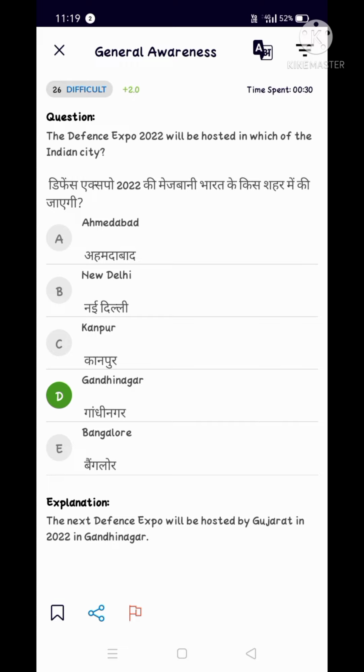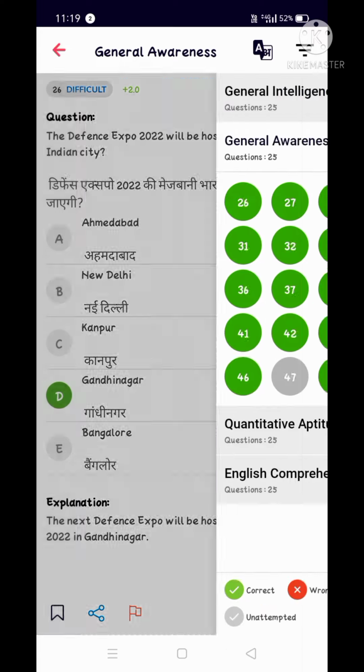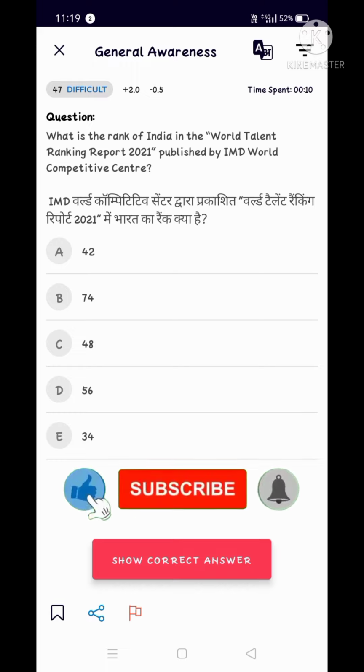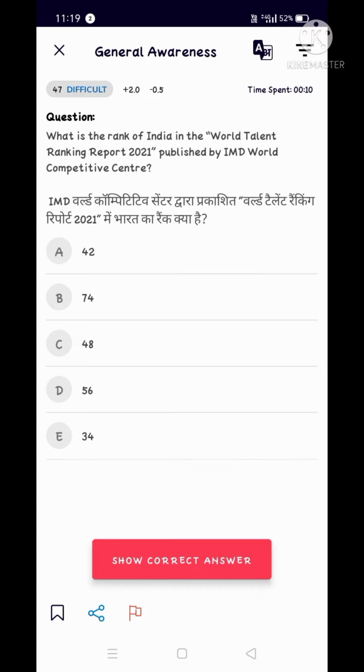Here also most of the questions were asked from current affairs, and I didn't attempt 3 questions because I forgot the answers. And here are also questions coming from banking awareness, but in the real examination I have seen that in the ESIC UDC examination most of the questions were asked from static GK, basically history, geography and polity based questions.